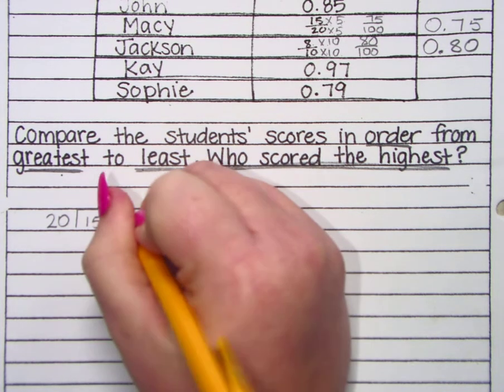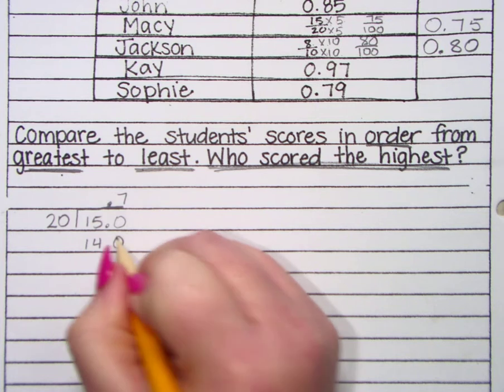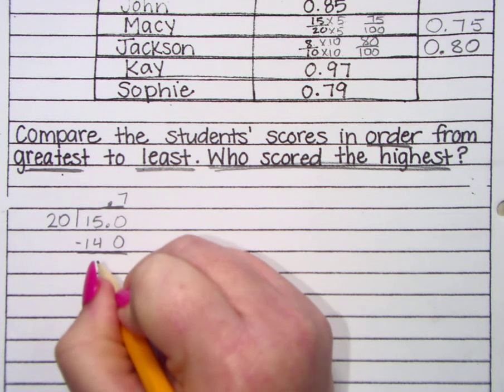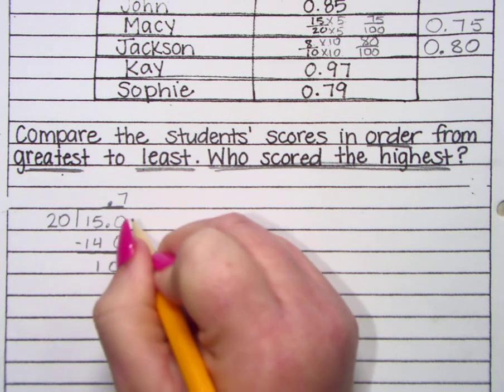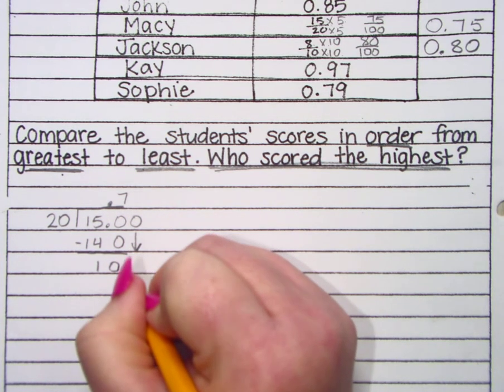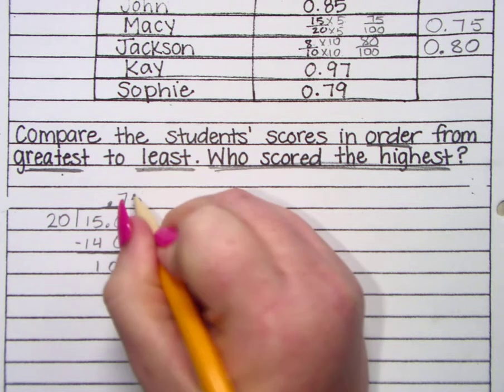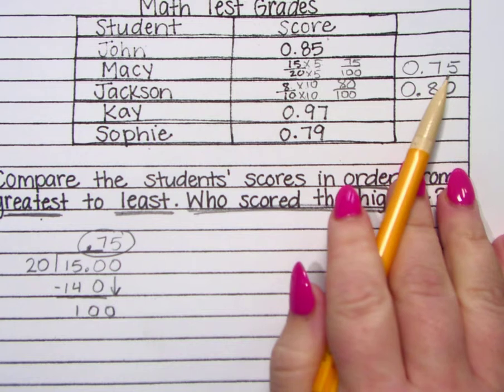And we'll go 7 times. 20 times 7 gives me 140. Subtract that, and I get 10. Well, 20 won't go into 10, so I have to add another 0 and bring that down. 20 will go into 100. We'll go 5 times. So there is your 75 hundredths that we found right up here too.